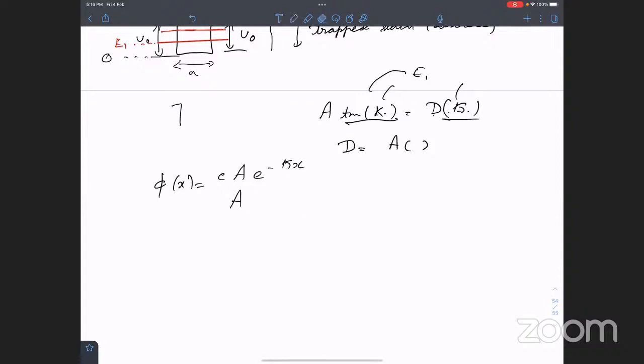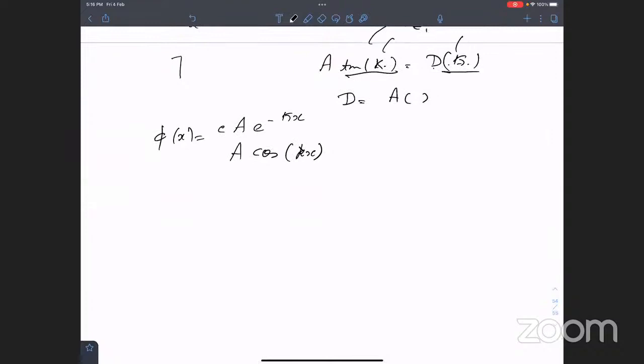For the even state, it will be A into cos of k times x, small k, and again some other constant, some C1, right? Some constant. This is the same constant, obviously, e to the power plus kappa x, like this.